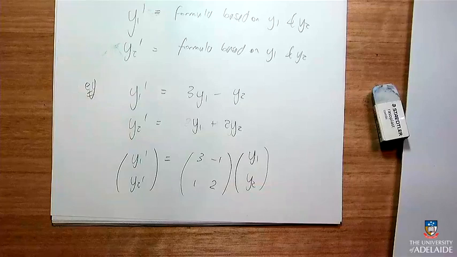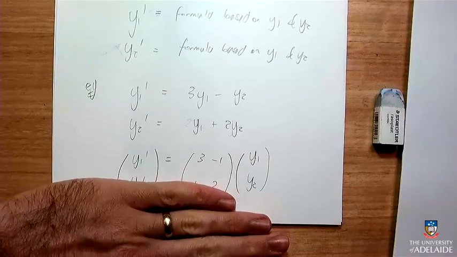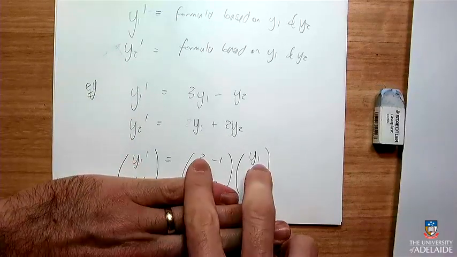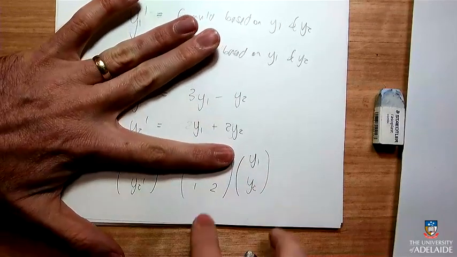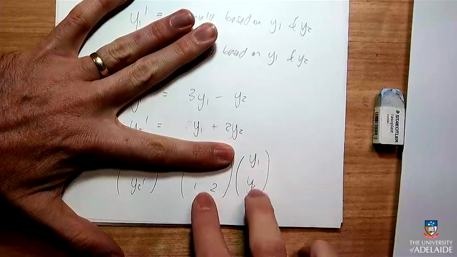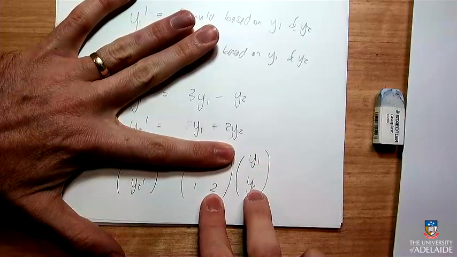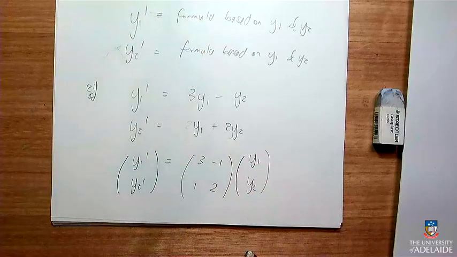Like that. Because y1 dash will be 3 times y1 minus 1 times y2, and y2 dash will be 1 times y1 plus 2 times y2.